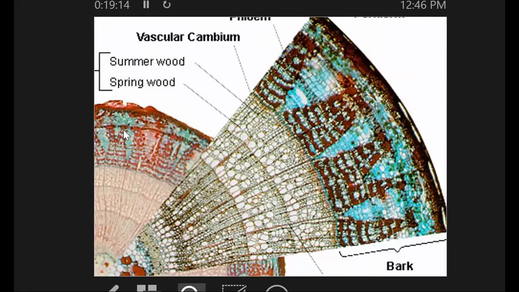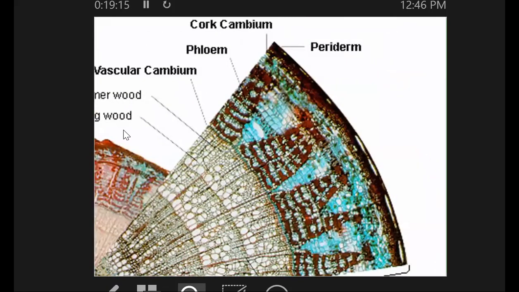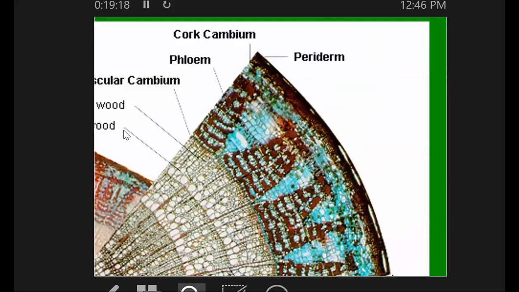And then further out toward the perimeter, you have the cork cambium. You can see it's way out there. The cork cambium is busy making parenchyma cells to the inside and cork cells to the outside. Those two rings of tissue are very important for increasing the diameter: laying down new xylem and phloem increases the diameter. And then the cork cambium's main job is making most of the bark.